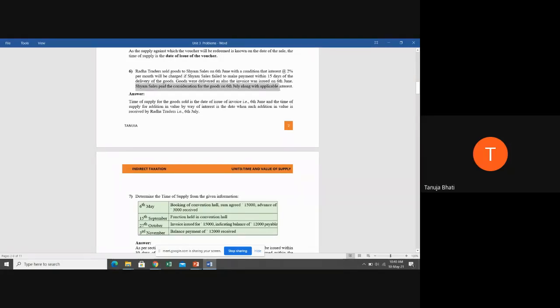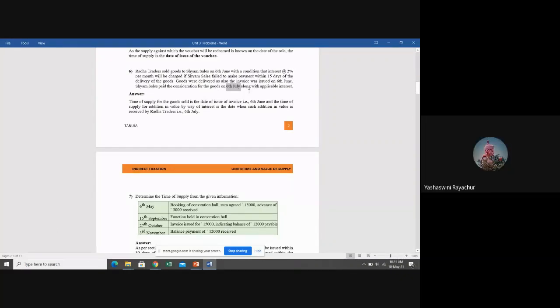When you're receiving the payment, 6th July. So, date of issue of invoice or date of receipt of payment, whichever is earlier, not for the additional consideration, students, I'm talking about the main consideration. So which is the earlier of the two dates? 6th June is earlier or 6th July is earlier? Which is the earlier of two dates?